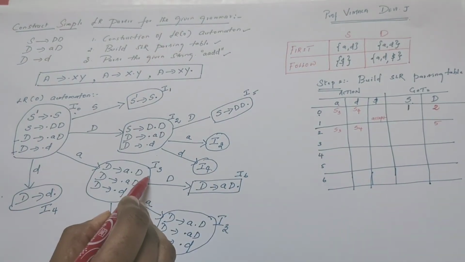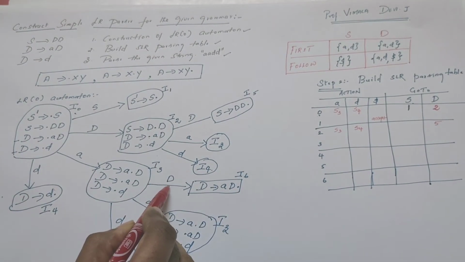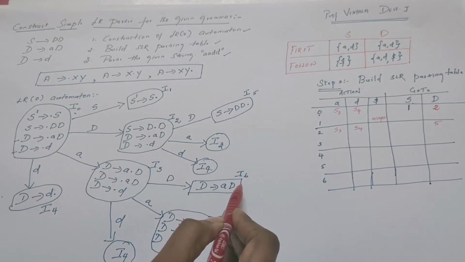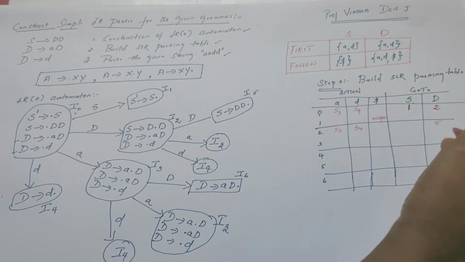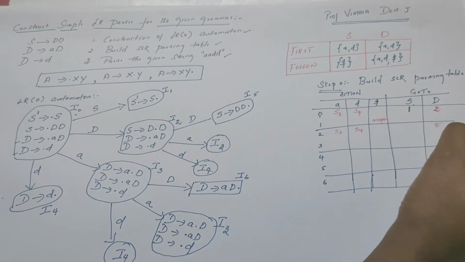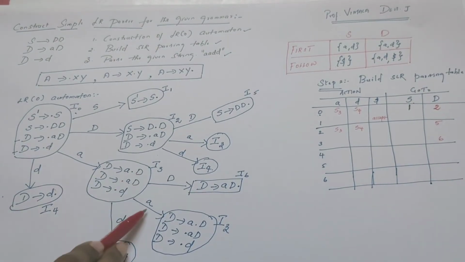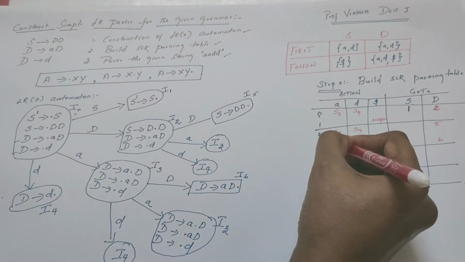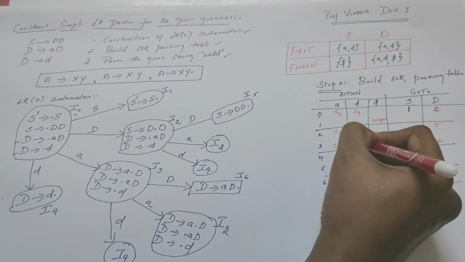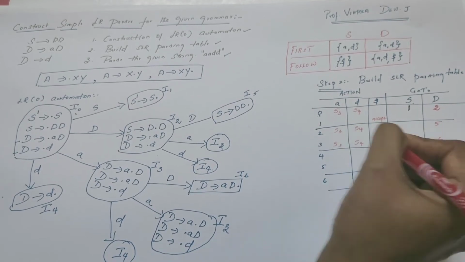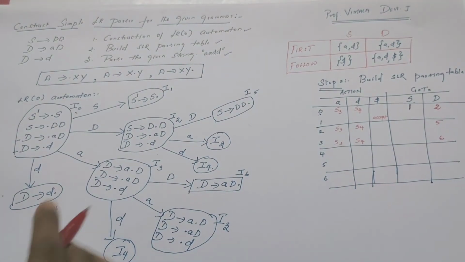Now from state 3, on reading the variable D, it enters into the state 6. From state 3, on reading the terminal A, it enters into the state 3, so let us write it as S3. On reading D, once again it enters into the state 4. Let us write it as S4.